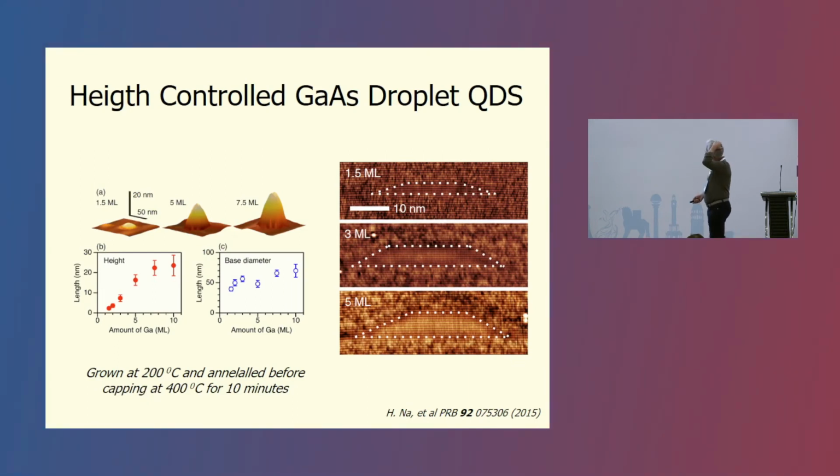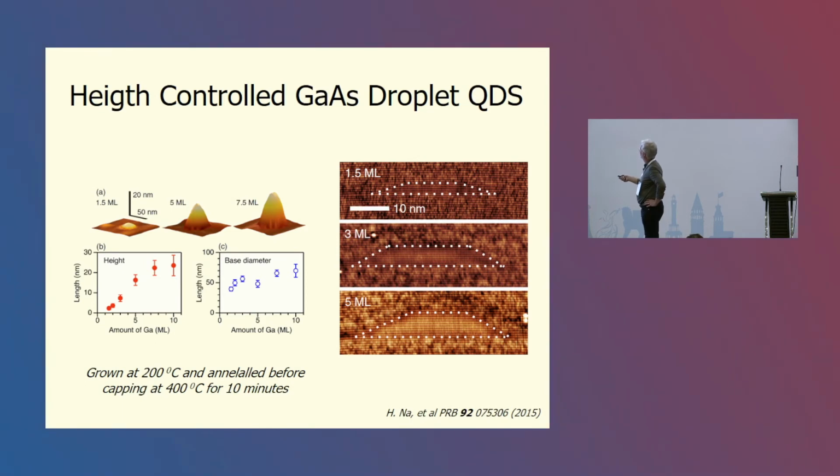Again, now with the colleagues at NIMS in Japan, we looked at gallium arsenide quantum dots in aluminium gallium arsenide. This time, the height of the dots was controlled by depositing more gallium. And here we see the height of the dots as we measured it with cross-section STM. There is a nice height relation depending on the amount of gallium that has been deposited.